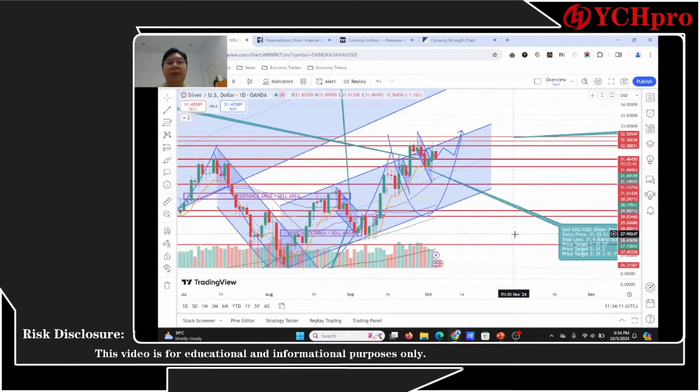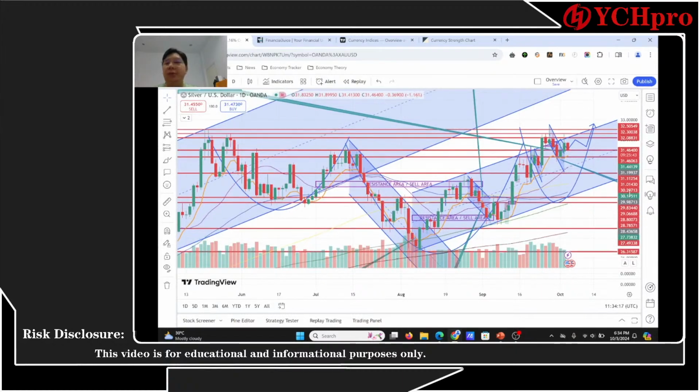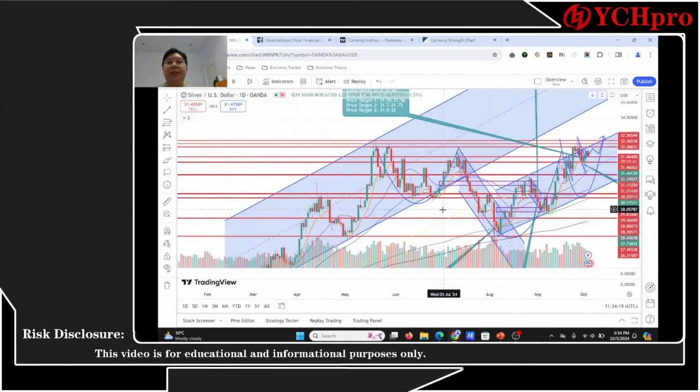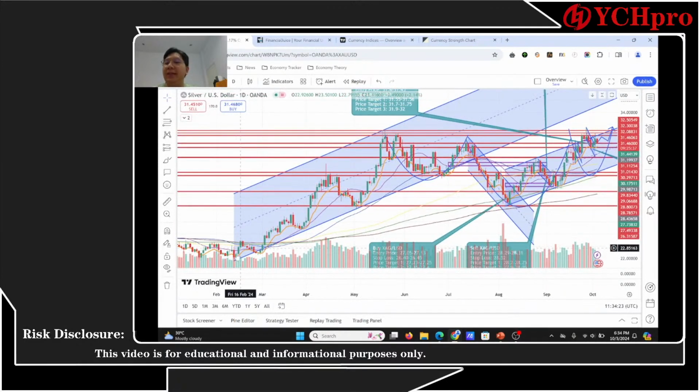Right now, we are in a very critical area for the silver side as well. If you look at this chart, we see that silver was able to build up uptrend momentum from February 2024 up towards July 2024. Afterwards, it went through some correctional phases and went lower, breaking down that uptrend momentum.